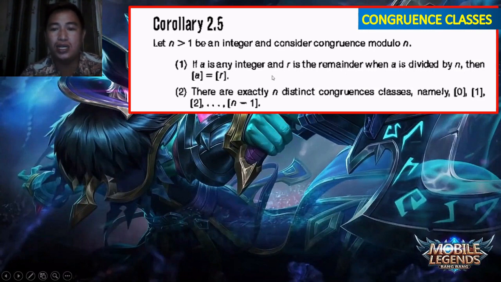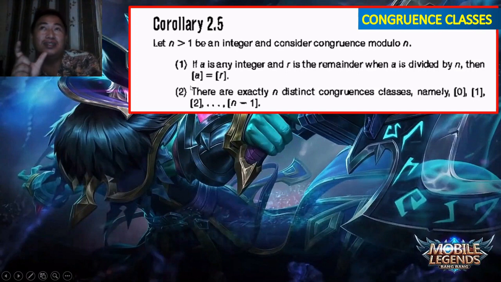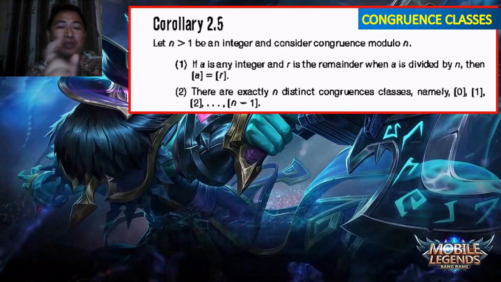If a is an integer and r is the remainder when a is divided by n, then the equivalence class of a is equal to the equivalence class containing r. That follows from Theorem 2.3, since they are congruent modulo n.